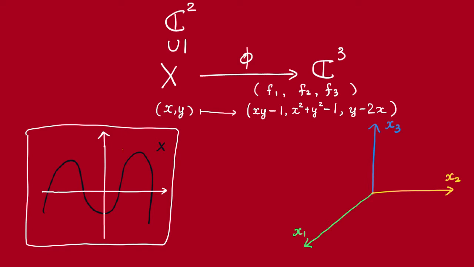Well, to build some intuition for this, let's look at a concrete example of the case of a map to the affine space instead of projective space. And here, for convenience, I will assume that X is affine, lies inside the plane, but that's not really necessary. So let phi be a map from X to the affine space given by the functions f1, f2, f3 with this coordinate. So these are actually holomorphic functions.